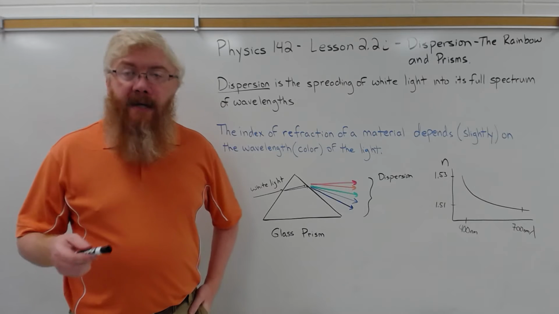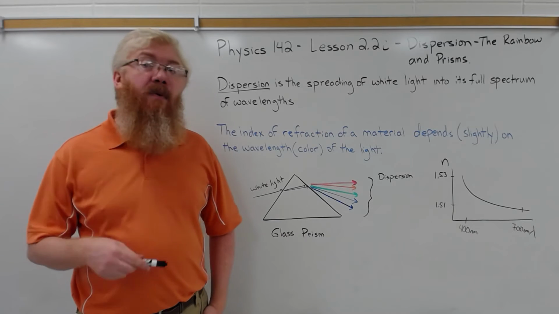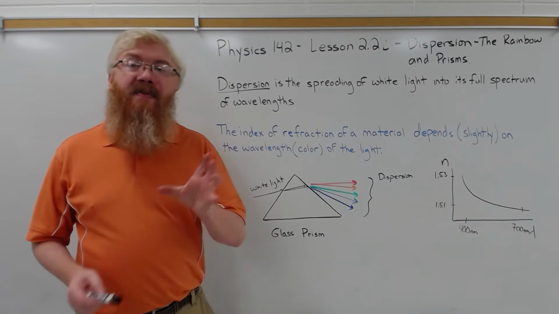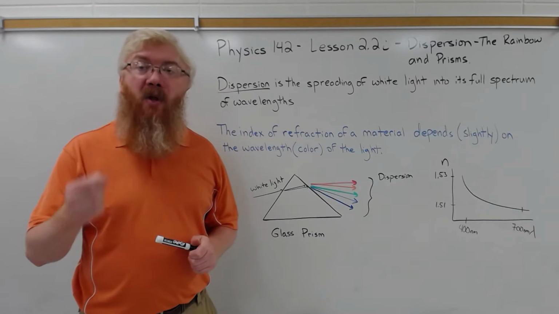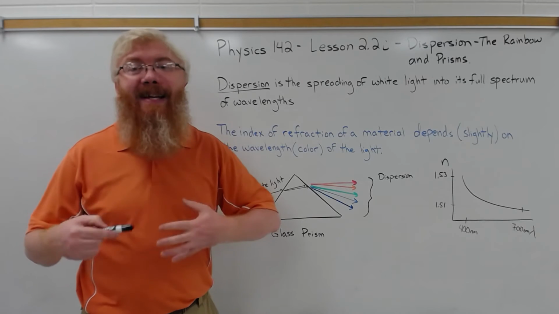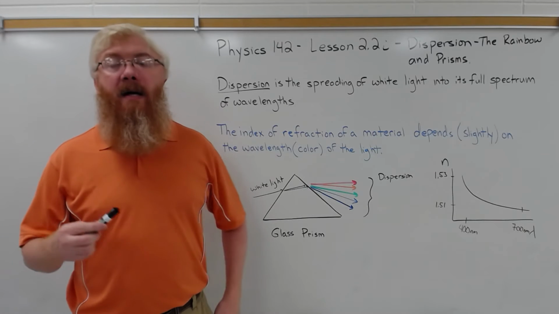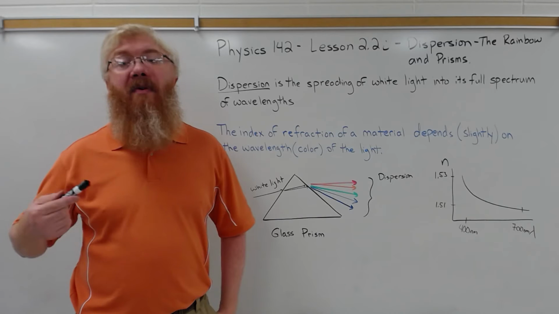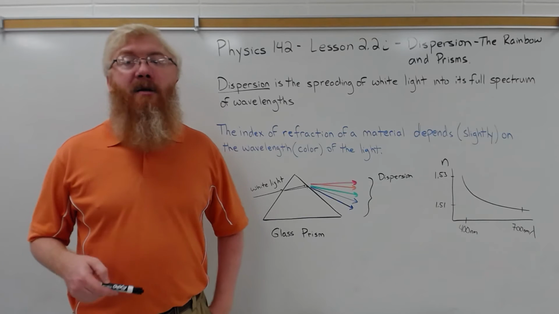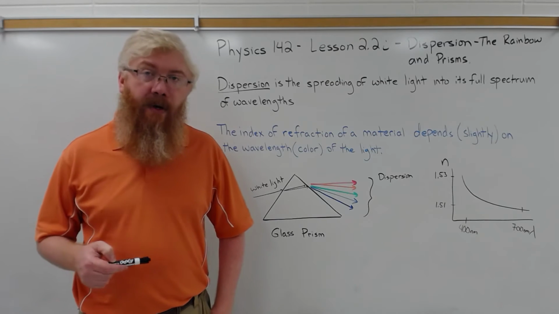Blue light, as short wavelength light, versus red light, which is long wavelength light, behave slightly differently when they move through glass. So for example, the speed of blue light is actually a little bit smaller than the speed of red light. This leads to a different index of refraction in a material depending on the color of the light.